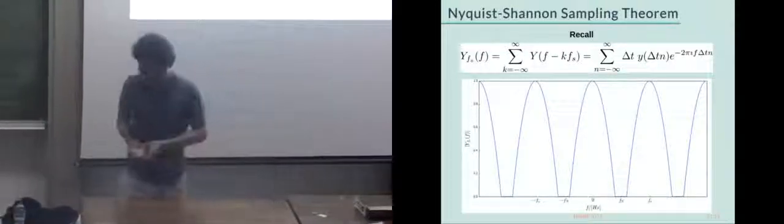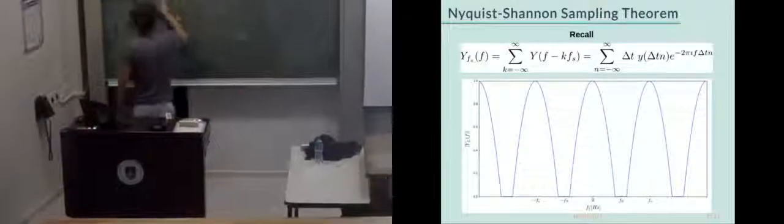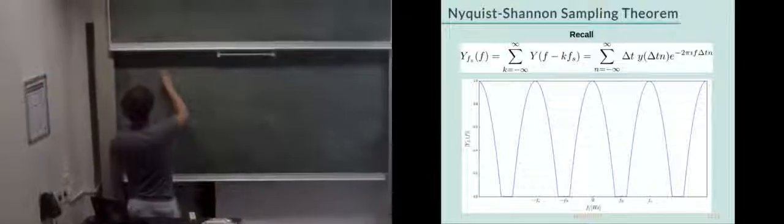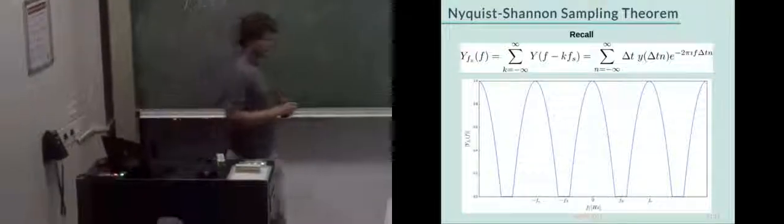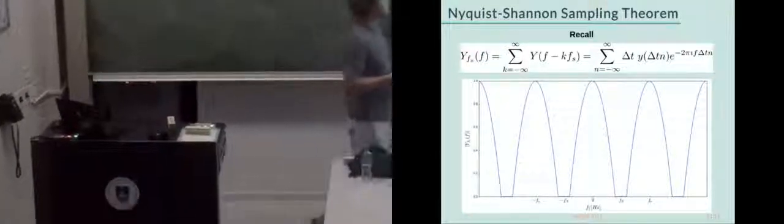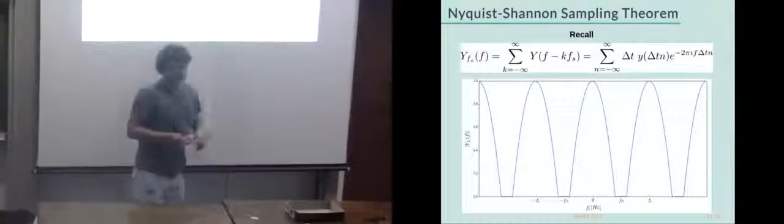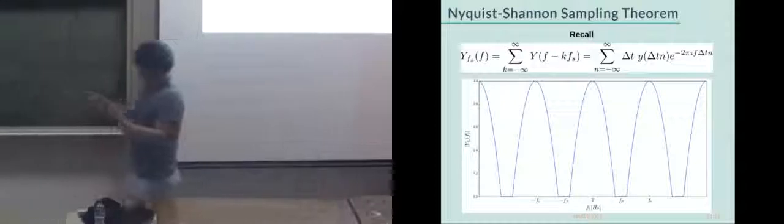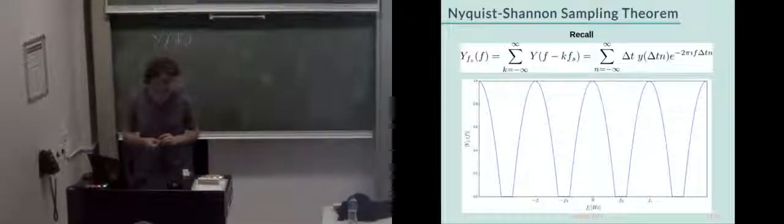Let's say f is what I expect from the continuous Fourier transform. Again, I expect that to be band limited in the sense that there's a finite number of frequencies in the spectrum for the signal.